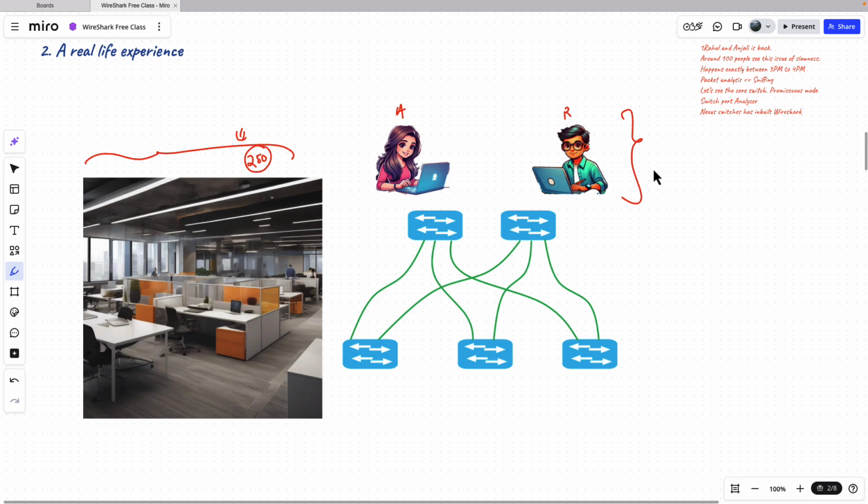They are networking experts. And Anjali is discussing a particular problem with Mr. Rahul, and Anjali is saying, Rahul, I am facing a huge problem. I don't know what happens, but around 4 p.m., between 4 to 5 p.m.